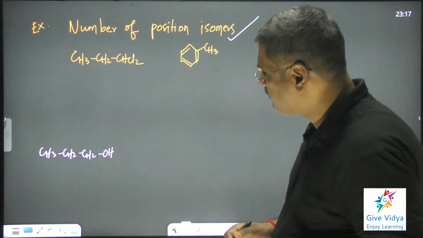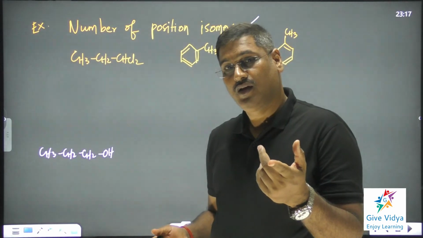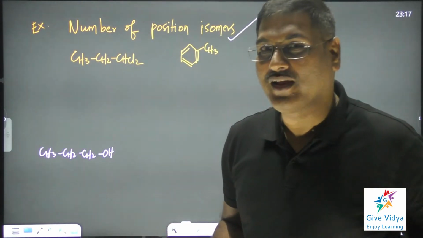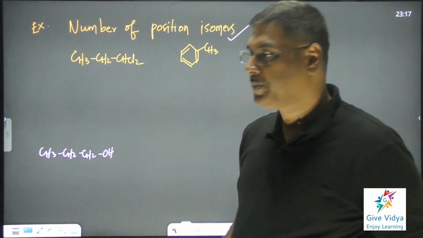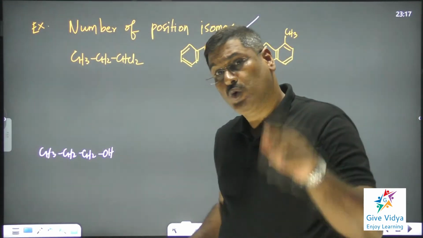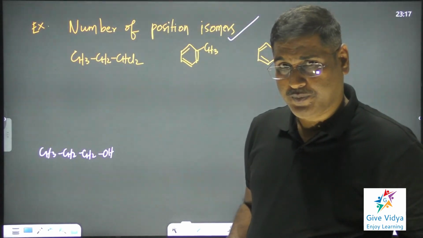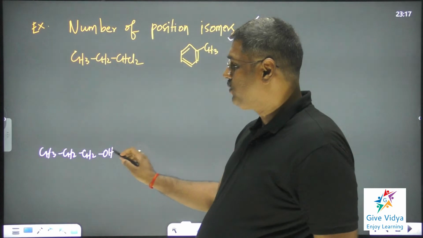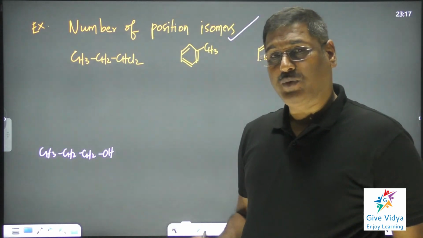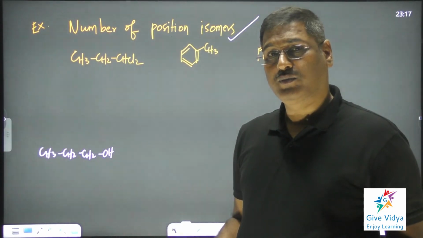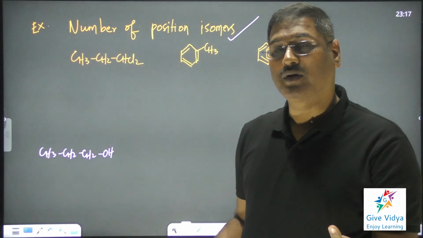Then we say 2, sir. Most of you are saying 2 only, but not 2. You know the correct answer, but your answer is wrong. This one is propan 1-ol. A position isomer of this one is propan 2-ol. So there is only one isomer for this one.